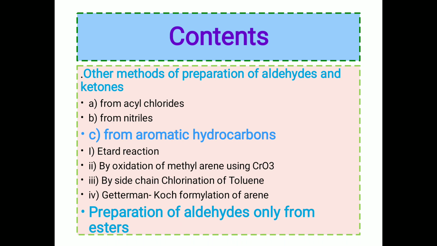One is the oxidation of alcohol: from primary alcohol we get aldehyde, and from secondary alcohol we get ketones. Second is the dehydrogenation of alcohol, which gives the same: from primary and secondary alcohol we get aldehydes and ketones respectively.